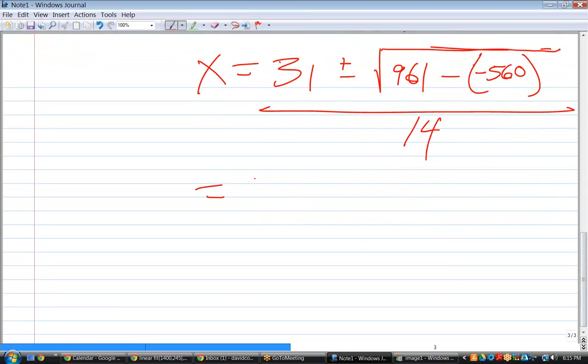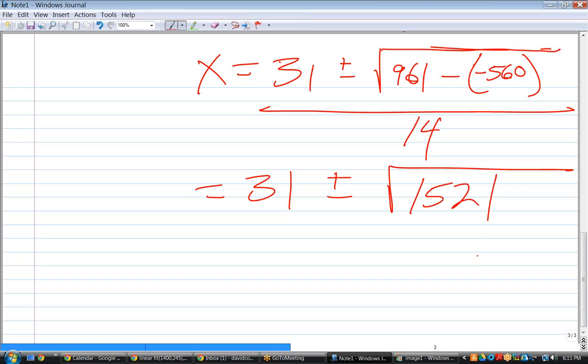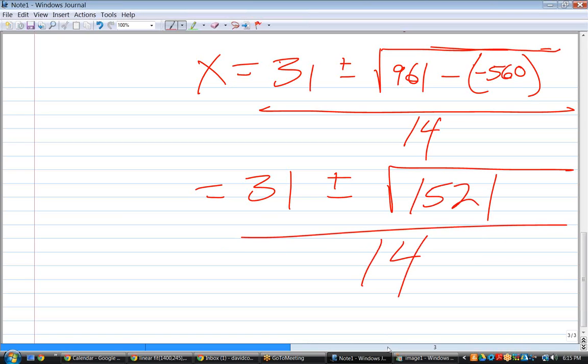So, continuing simplification, what is that number right there? 1,521. Okay. Now, there's your two answers. The question is can that be simplified?